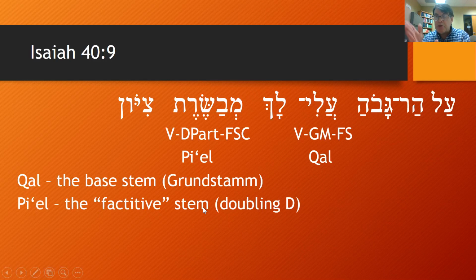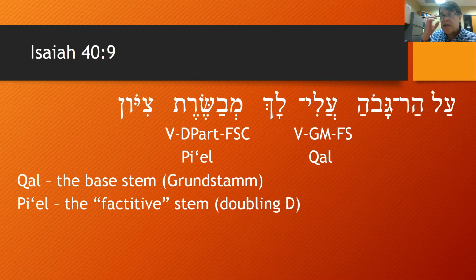Factitive means to put, so if the call is the Grundstamm, the starter stem, the Piel means to put something in the call state. And so some verbs just like the D stem. But you can see that this is doubled. And that doubling is what tells you it's a D.